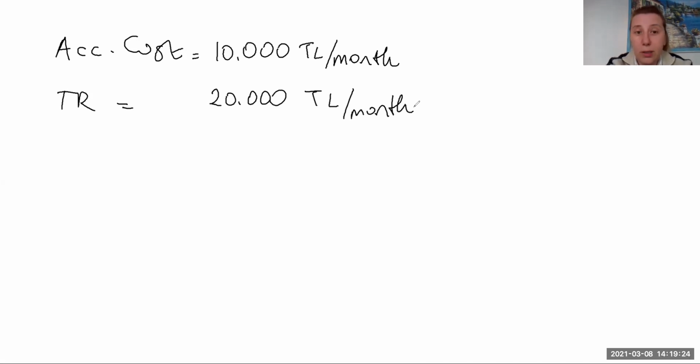But in real terms, actually, the firm must consider the implicit cost of doing this business. For example, if the owner of the firm is doing another business, the best alternative to this business, that will earn, let's say, 12,000 Turkish lira in a month.